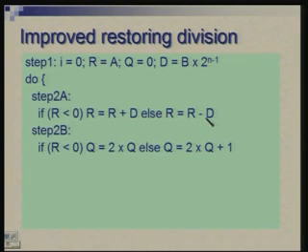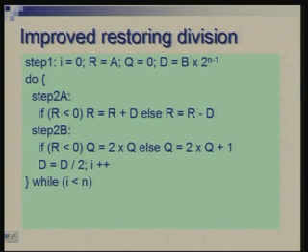So, I am still showing a separate step where after this we are recording a bit 0 or 1 in q, and d is halved, I is incremented, and that completes the iteration.